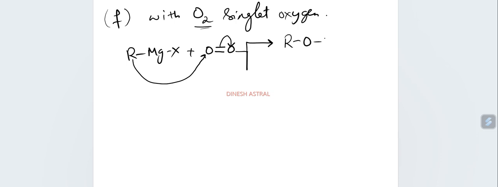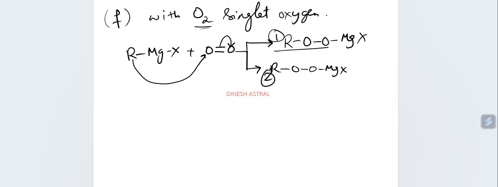One will be this one, another one will be the same, but I'll tell you, you'll get to know the difference between these two. This is the first one, this is the second one. Both are the same, but the further reaction depends on the molecule.